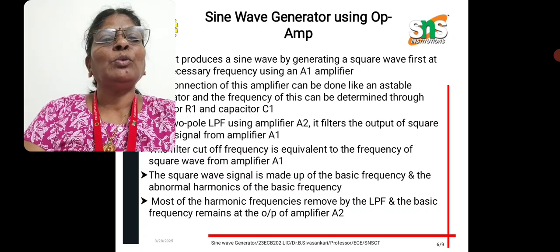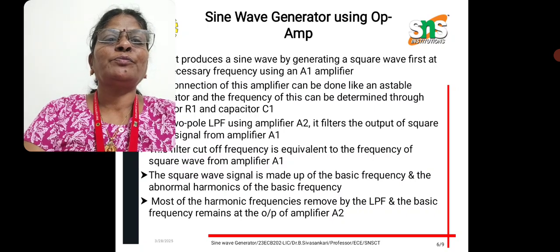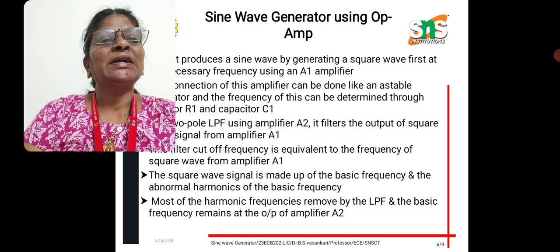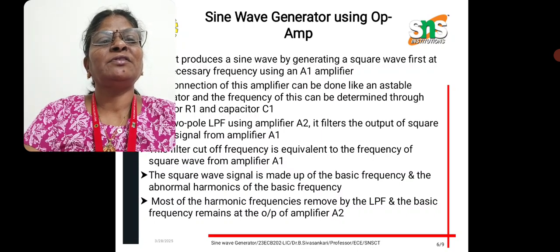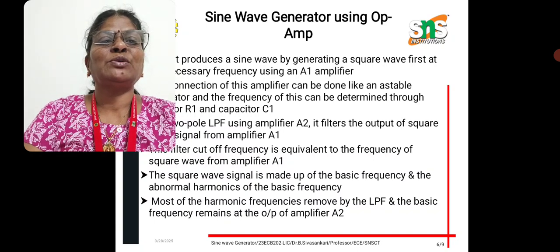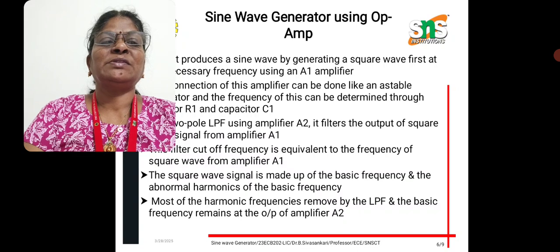The two-pole low-pass filter using amplifier A2 filters the output square wave signal from amplifier A1. The cutoff frequency is equal to the frequency of the square wave from amplifier A1. The square wave signal is made up of the fundamental frequency and the odd harmonics of the fundamental frequency.